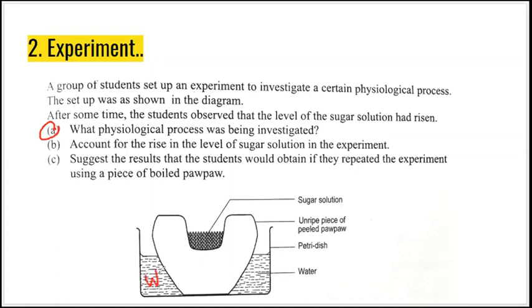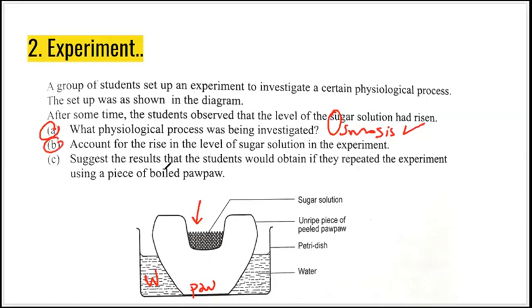That might be water, that's the potato, which is already indicated, and the sugar solution here. So that is osmosis, because water molecules are going to move towards the sugar solution. That is what is going to happen at the end.